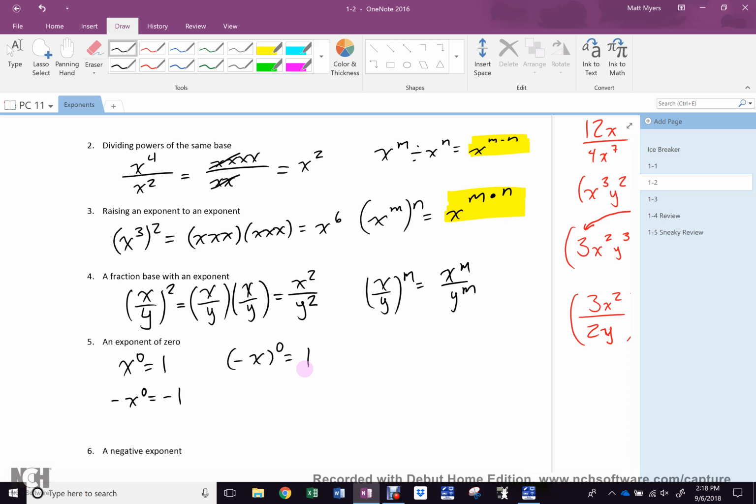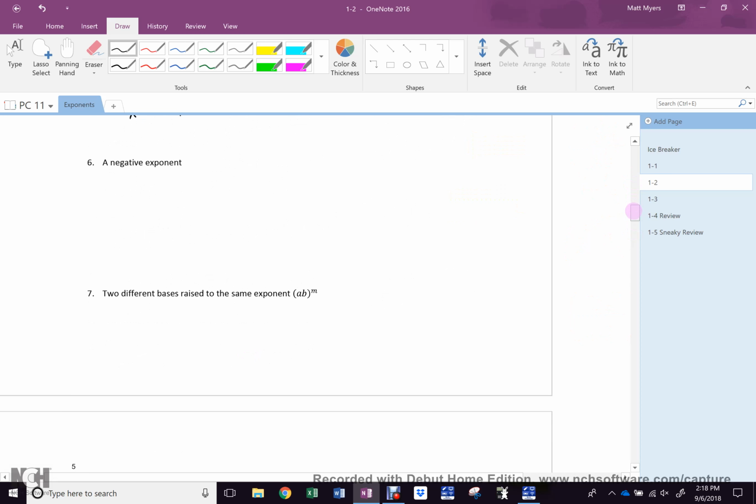Why? Right. The negative here is multiplying this base. It's not part of the base. Here it is. Everybody cool? There's no way to do a red example of that. It's just, it is what it is. Everyone is good? And now finally, the negative exponent.